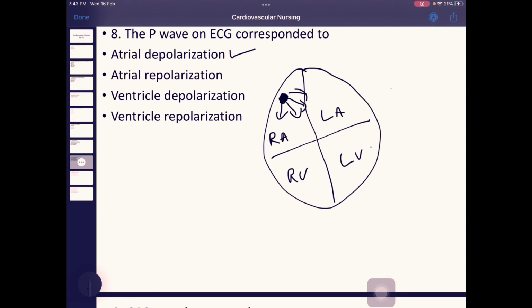If we connect the ECG machine after the initiation of the electrical impulse, we can see one wave coming out, and this wave is called the P wave. It represents contraction of the atria. In the ECG we see P, Q, R, S, T waves.